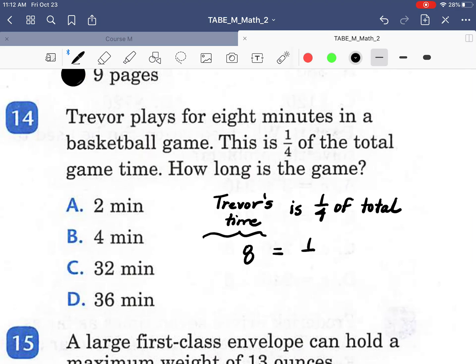So 8 is 1/4 of the total. To solve this one, we would say 4 over 1. Use your reciprocal, and you end up with 32 over 1 equals T. So the time was 32 minutes.